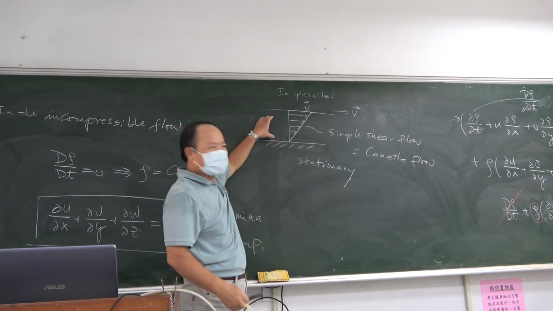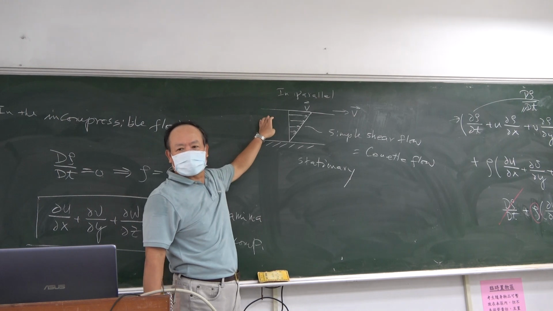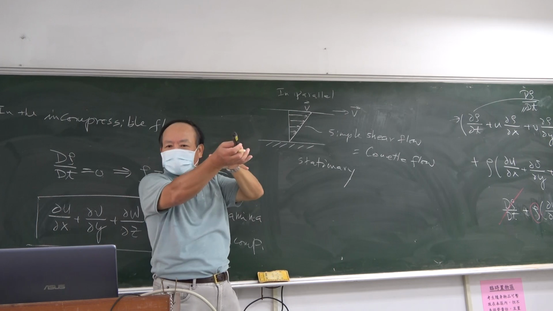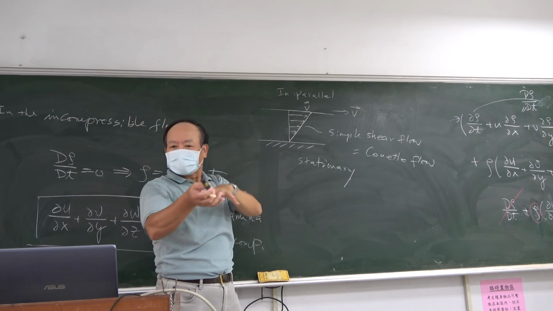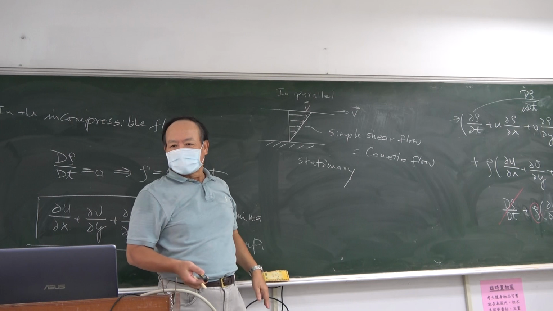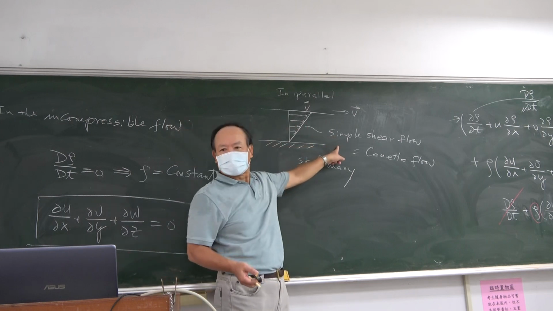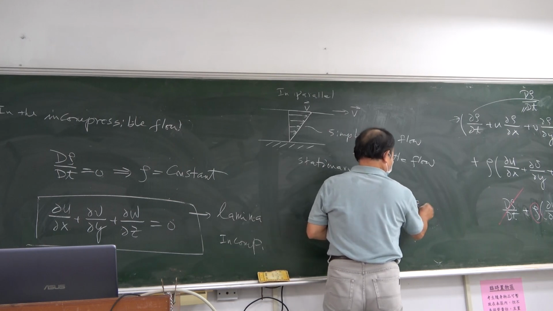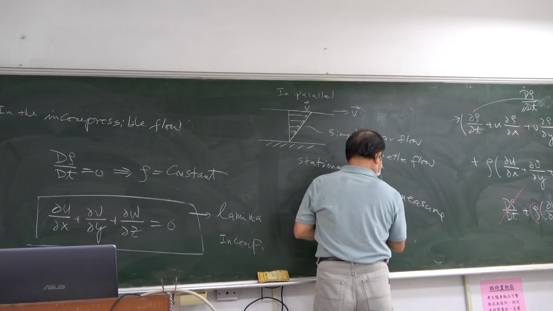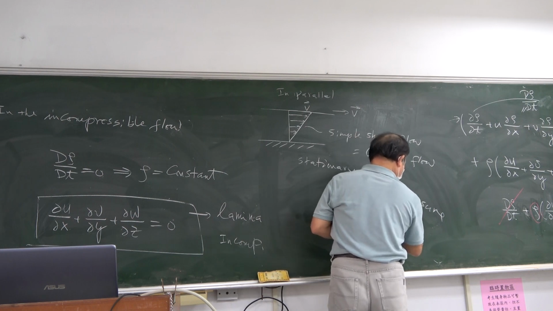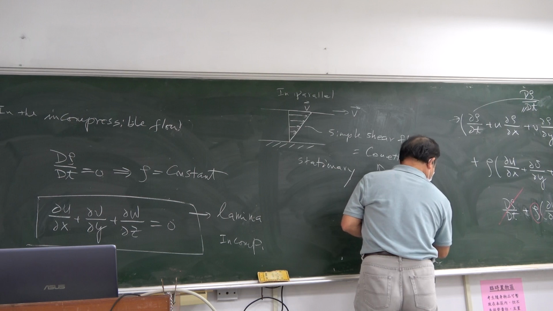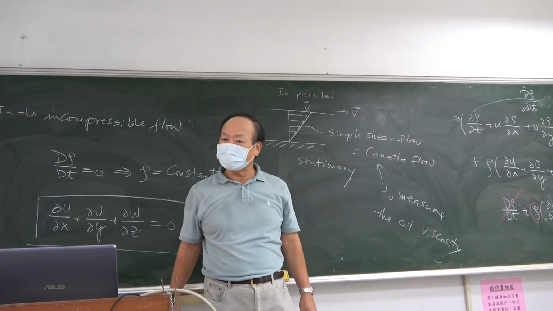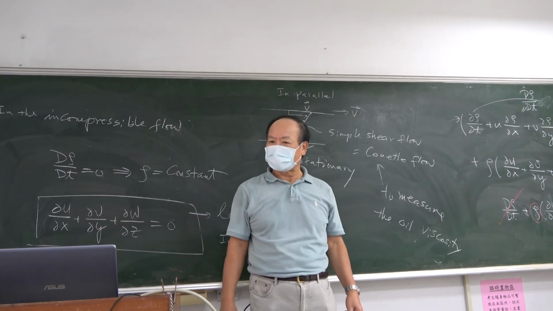We often use this kind of mechanism: two parallel plates, one plate moving with velocity v relative to the other plate, to create the simple shear flow. In chapter 3 or 4, we talked about oil viscosity, right?